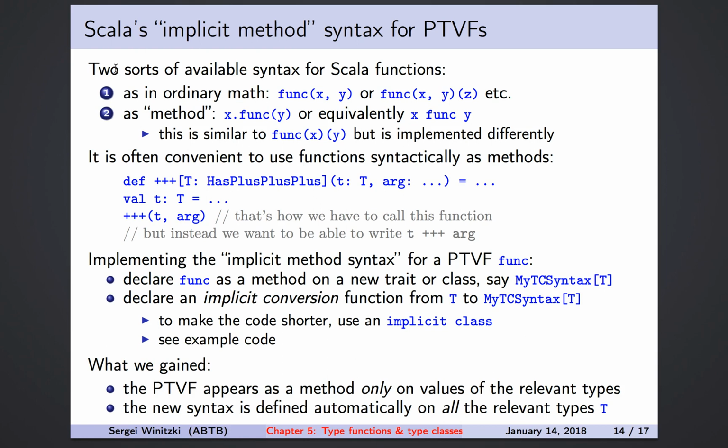In Scala, in principle, there are two sorts of syntax available for functions. The first is the syntax similar to that of ordinary mathematics, where you say the function name, and in parentheses you list the arguments. Scala also allows you one or more lists of arguments.